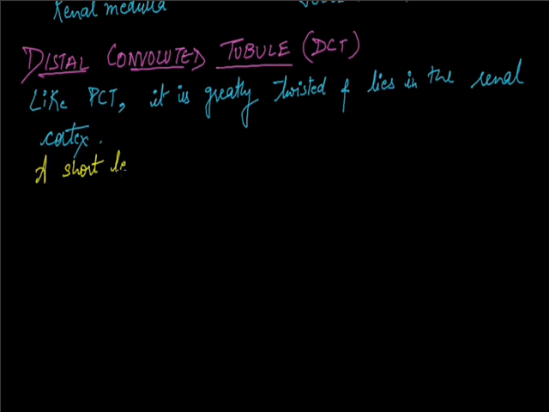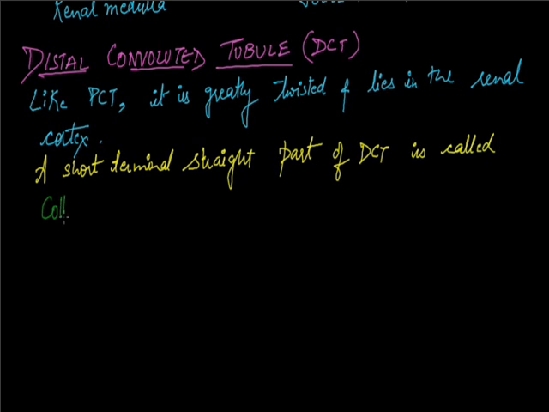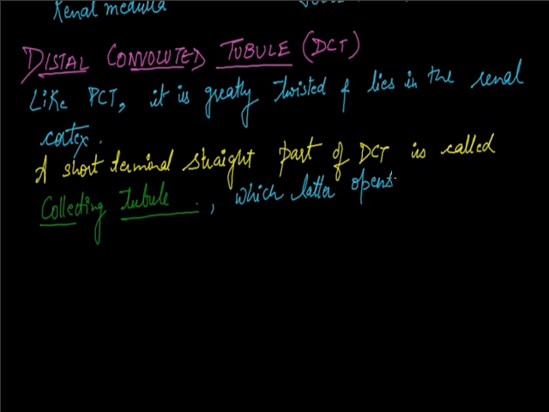A short terminal straight part of DCT is called collecting tubule, which later opens into collecting duct. This is about the distal convoluted tubule.